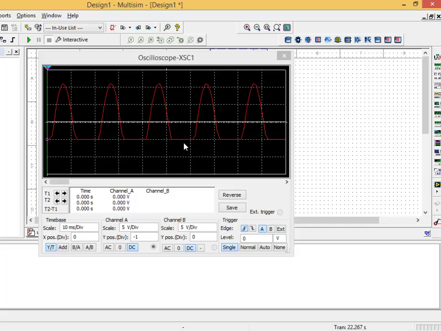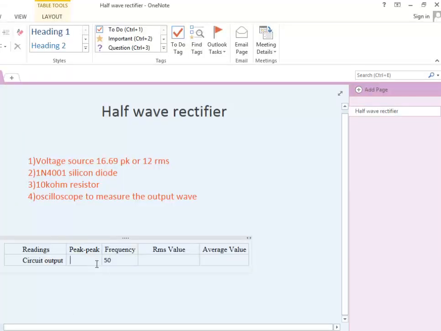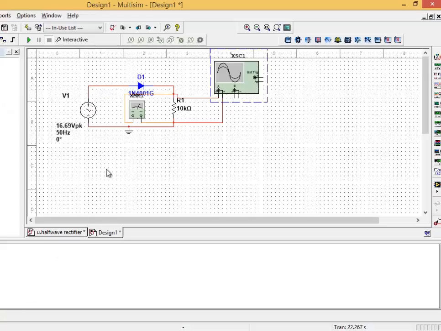So the total volts would be 3.2 times 5, which equals 16 volts. So the peak to peak value is 16 volts, and the RMS value will be calculated from the multimeter.